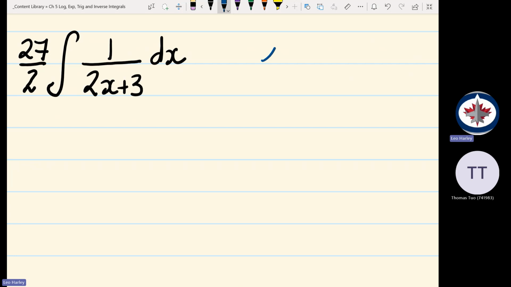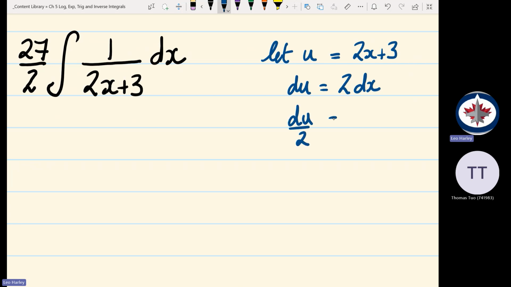So here what I mean is if you let u equal 2x plus 3, you still have to do a u substitution, and then du is equal to 2 dx. Can you see then that your replacement will be du over 2 for dx? And if I keep moving forward, and I'm kind of cheating a little bit, this is now going to turn into 27 over 4.